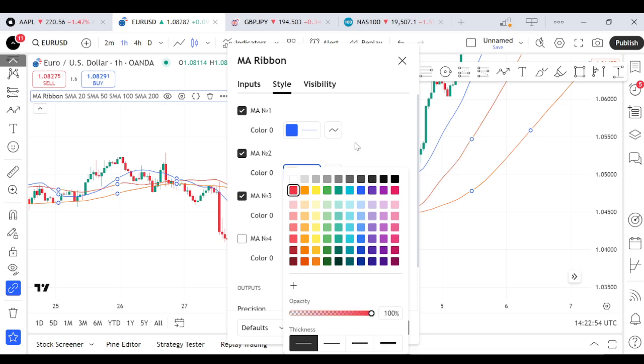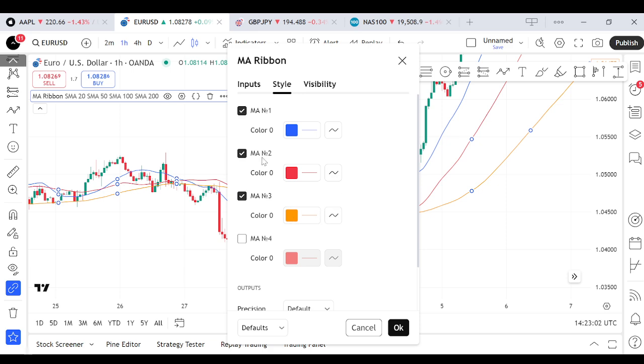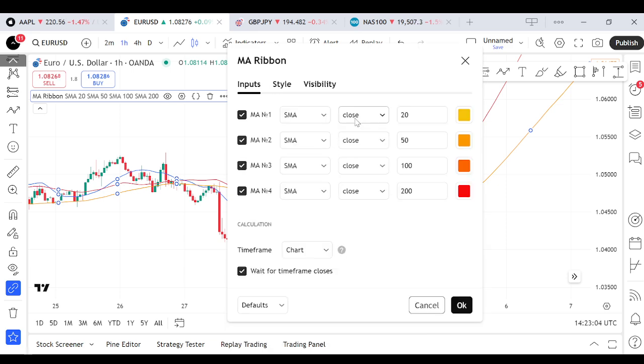So we have one with a red color, and I think this one should go with an orange color. Now the inputs, remember 9, 21, and 50.